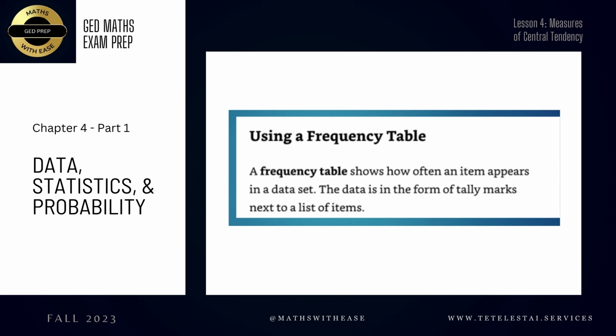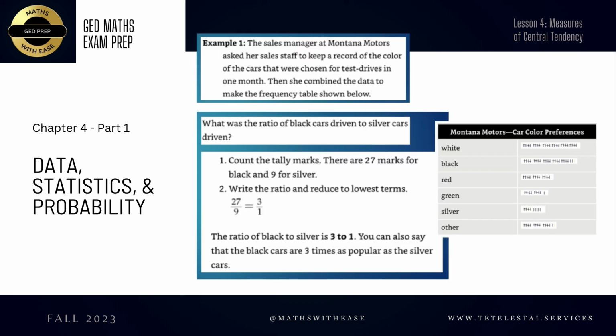So when you're using a frequency table, you want to keep in mind that a frequency table shows you how often an item appears in a data set. And the data is always presented in the form of tally marks next to a list of items.